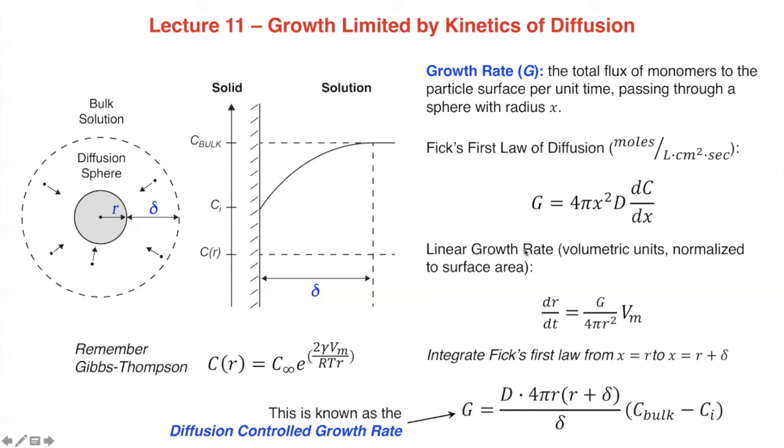So you can also express things as a linear growth rate if you want, where now we're referring to the change in the radius of the particle with time rather than the flow of monomers through a sphere with time. So the change in the radius with time turns out to be this value normalized to the surface area.